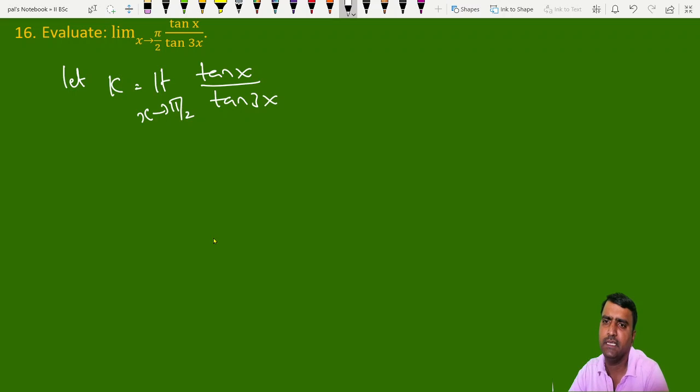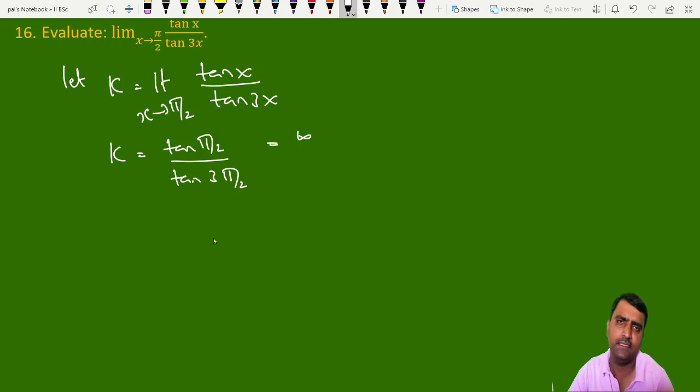Apply the limit, k is equal to tan 90 by tan 3 into 90.